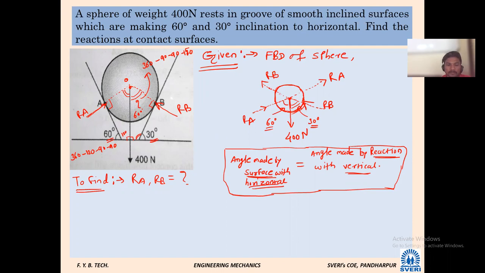Lami's theorem. Is it possible to apply Lami's theorem here? Yes, sir. Why? Three forces concurrent. These three forces are concurrent, and this sphere is stationary, in equilibrium, irrespective of its weight and reactions. So though the word is not mentioned here, we can find.